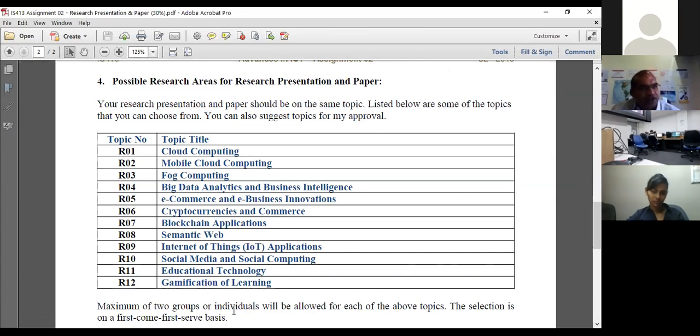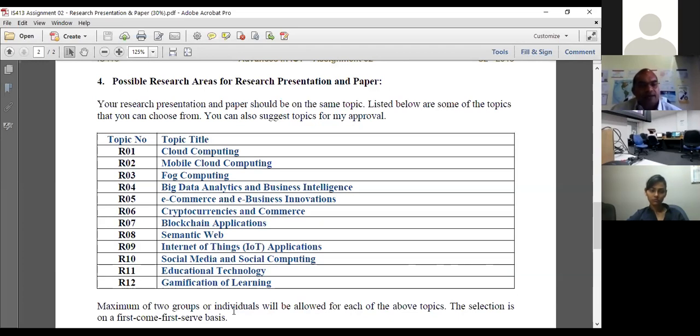So as soon as you have decided whether you want to do this assignment, that is, write a research paper and do the research presentation individually, in groups of 2, or groups of 3, email me that information.